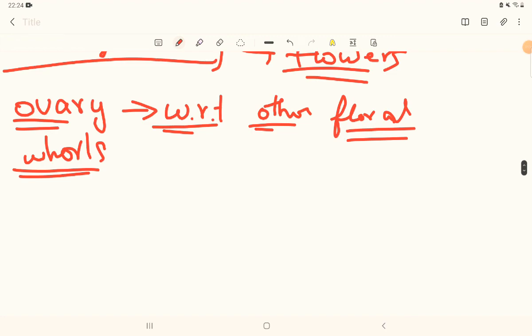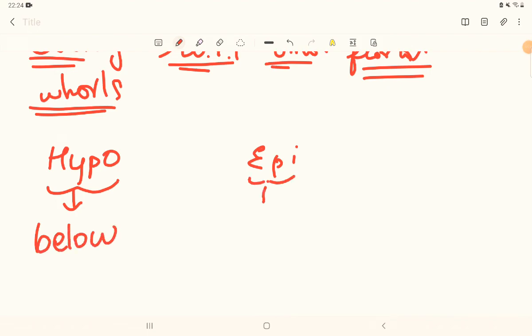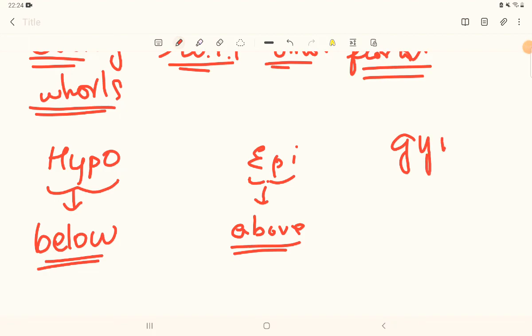Okay, so just, if you see the word hypo or epi anywhere in this lesson, hypo means below, epi means above, below and above. And you know what gyno is, right?